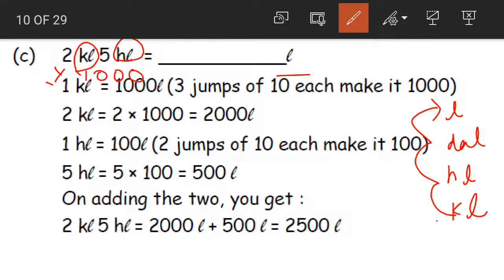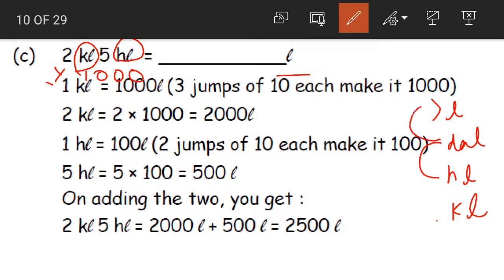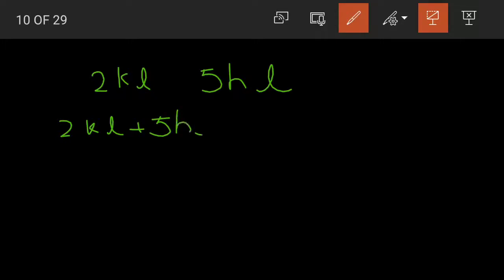Then we have our hectoliters. From hectoliters, we need 2 jumps to reach our liters. So we'll multiply hectoliters by 100. 2 KL 5 HL. Yes, so this is 2 kiloliters plus 5 hectoliters.